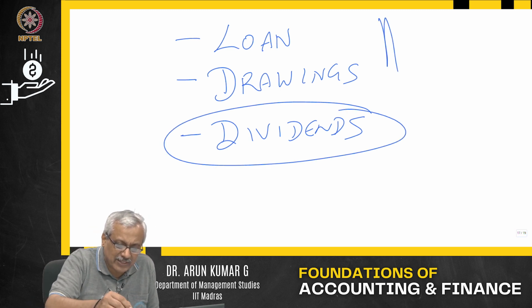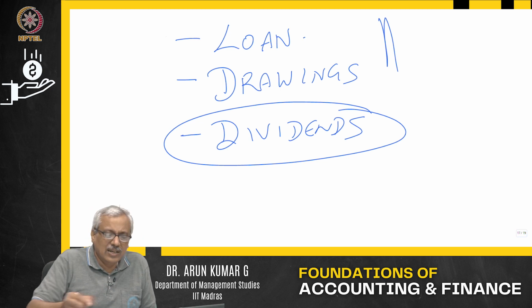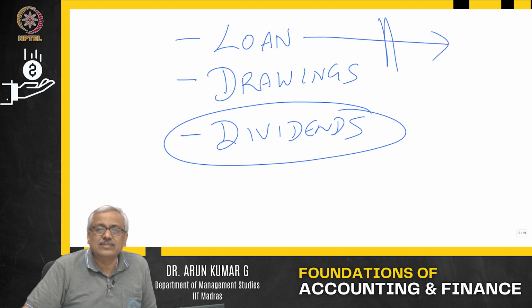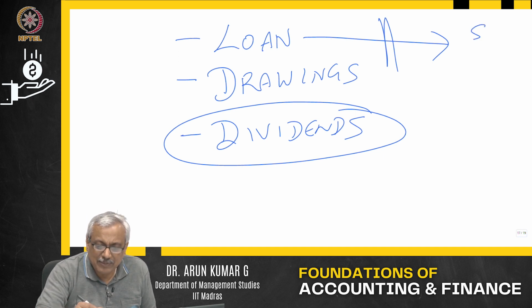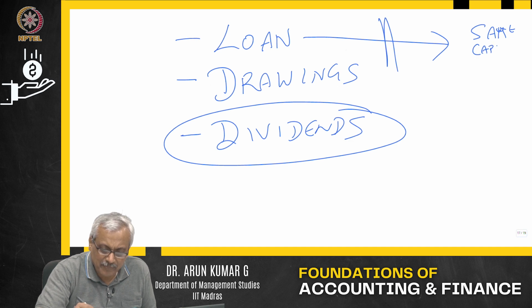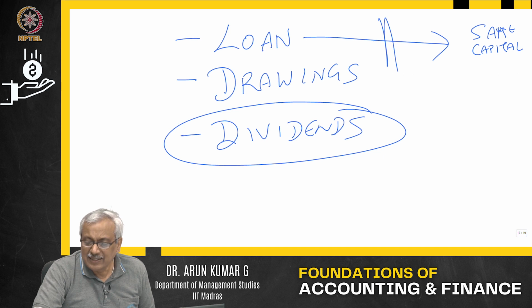What is the difference between these two? A loan, when he has taken with or without interest, the capital remains the same. The loan is basically an asset for the company, because you are eligible to get it back from Tanai.